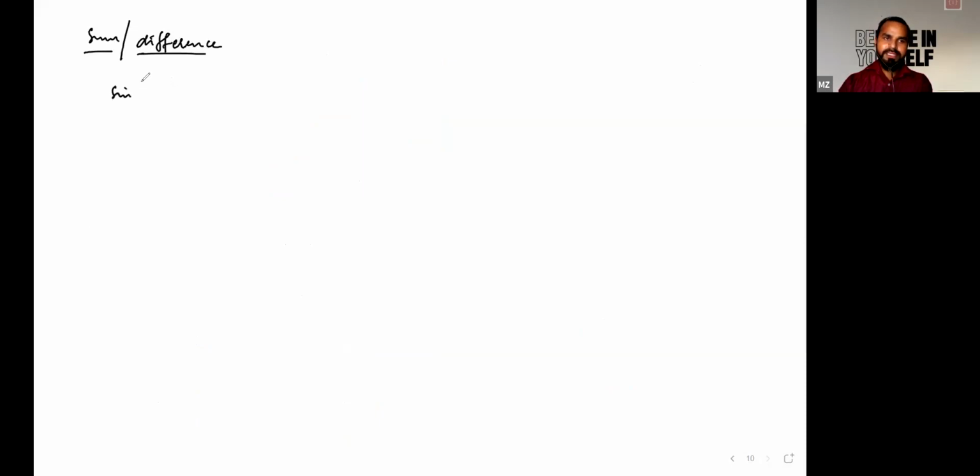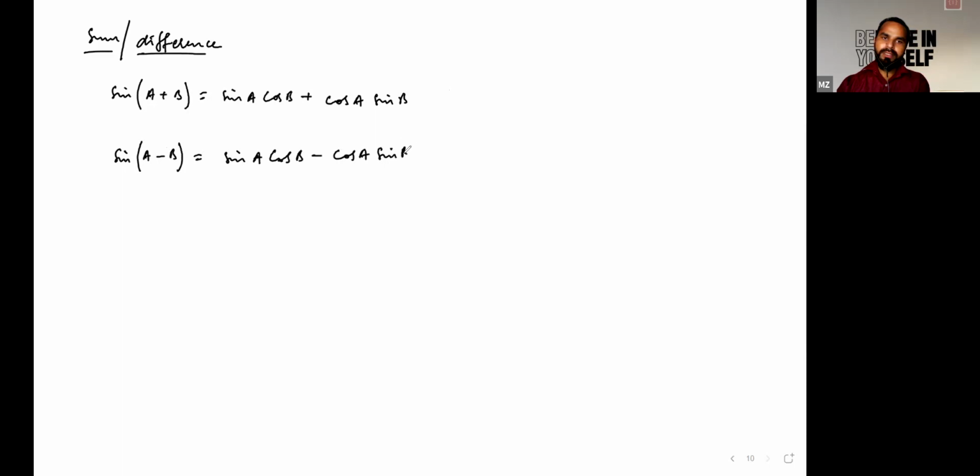Let's say if you have sine A plus B, it will be sine A cos B plus cos A times sine B. Similarly, if you take sine A minus B, it will give you sine A cos B minus cos A sine B. Now, from this formula, if A is equal to B is equal to theta, we can write sine of 2 theta as 2 times sine theta into cos theta.